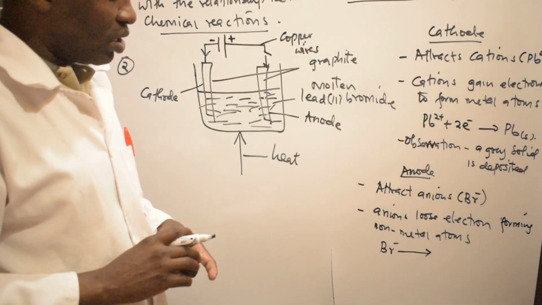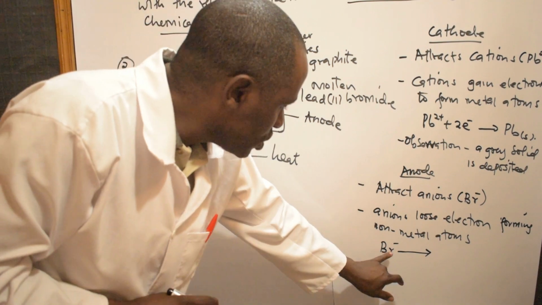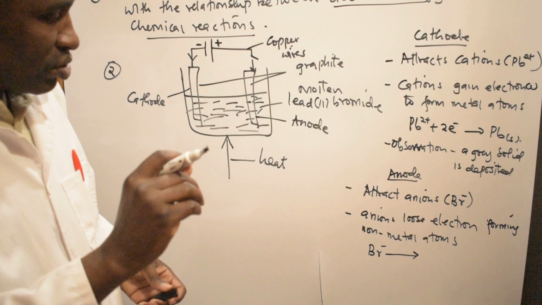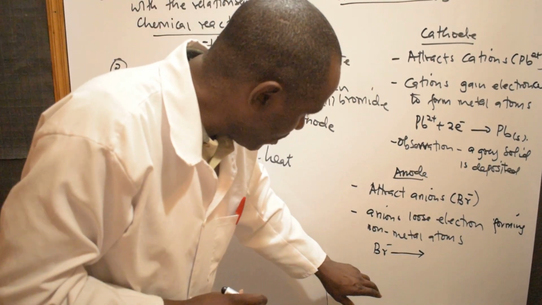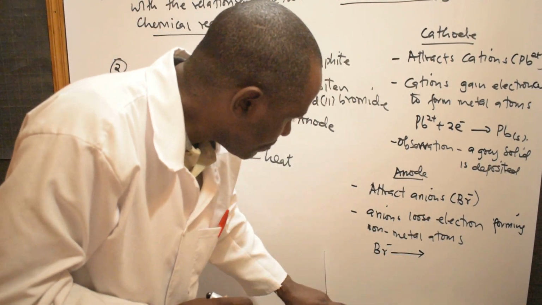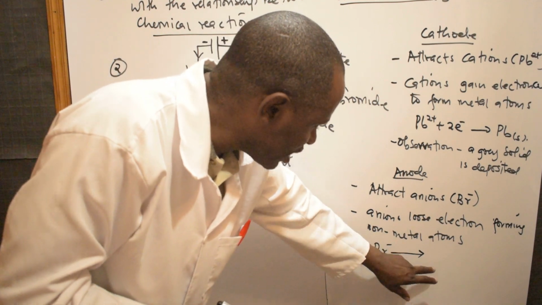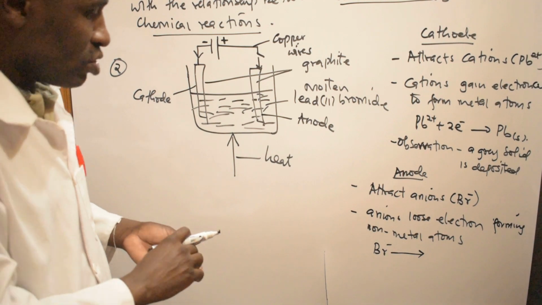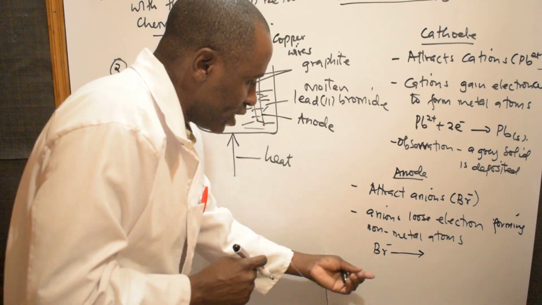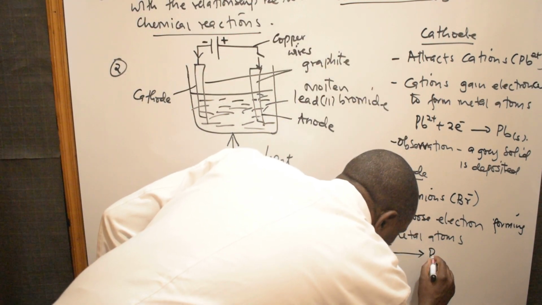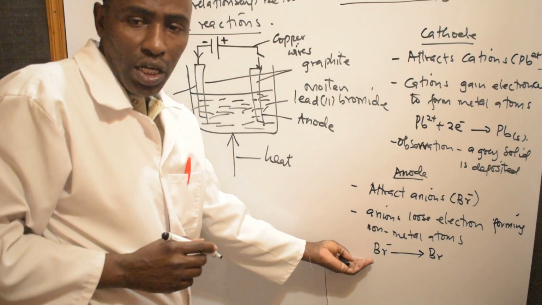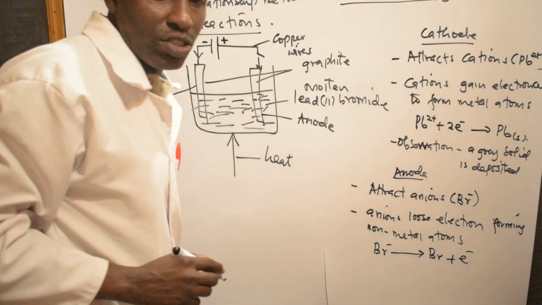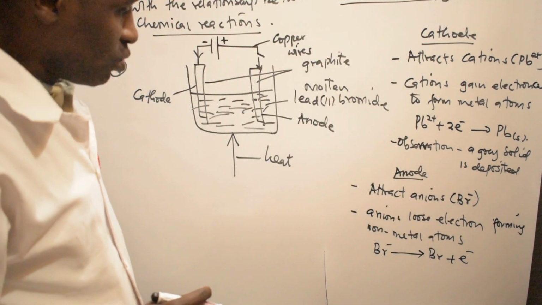I want us to look at this one again here. Instead of using minus an electron, what we basically do here is have an arrow, and then present the electron on the right side with a plus. So what I'm going to have here is the bromide ion forming a bromine atom, look at that, with no charge, plus an electron. That's what I'm talking about.